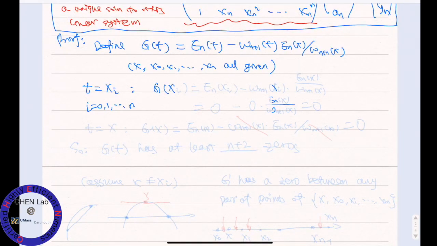If I evaluate at the xi, you plug in xi for t. That's what we mean by evaluation. Evaluate at xi, en xi minus omega n plus 1 t at xi, times that en x, again a fixed number, which we don't really care.